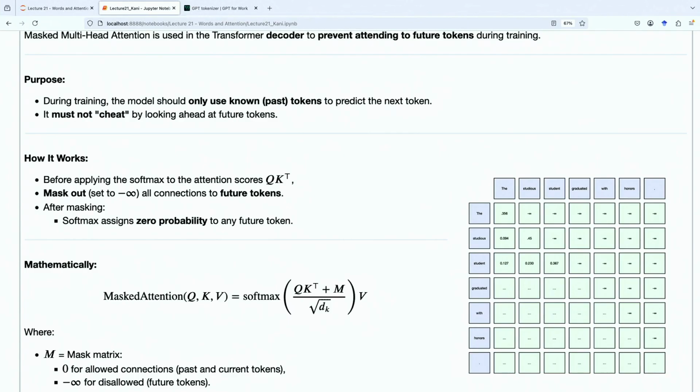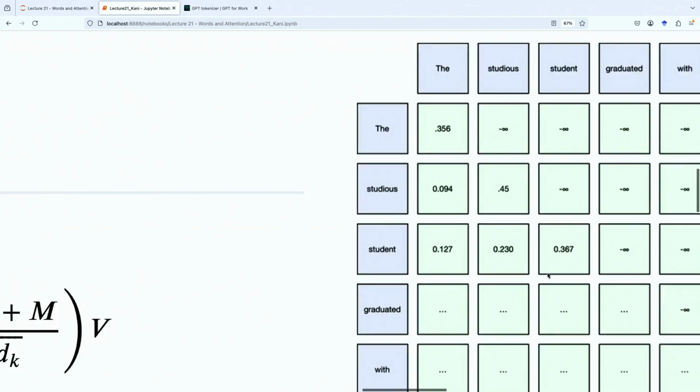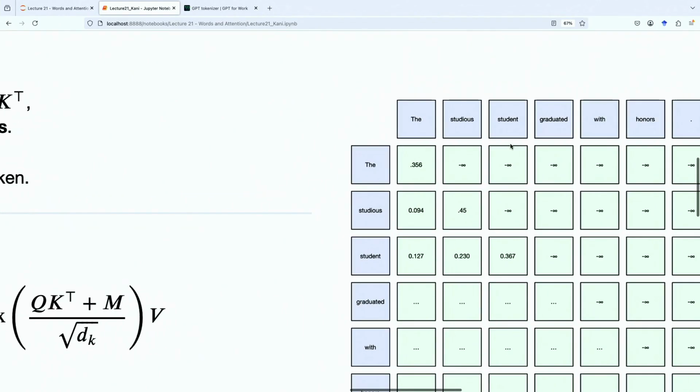So what you don't want the decoder to do is, if you have a sequence of, let's say, the student graduated with honors, and the decoder is supposed to output the sequence, it can't look forward. It can't look forward and see that, okay, there's a student here, so I should output studious right now. It should be deterministic. It should only be able to look back in time, not in the future, right?